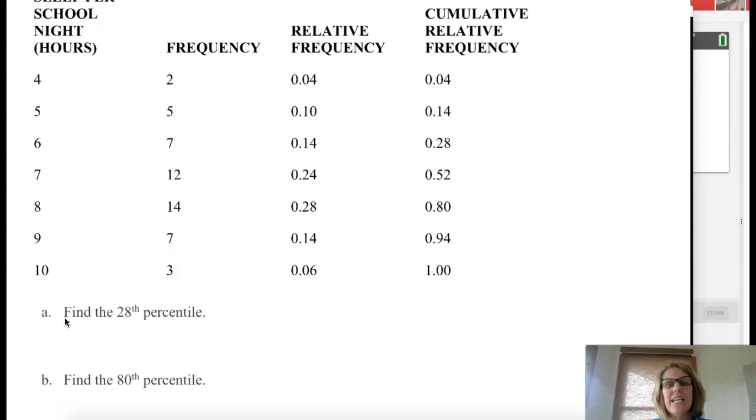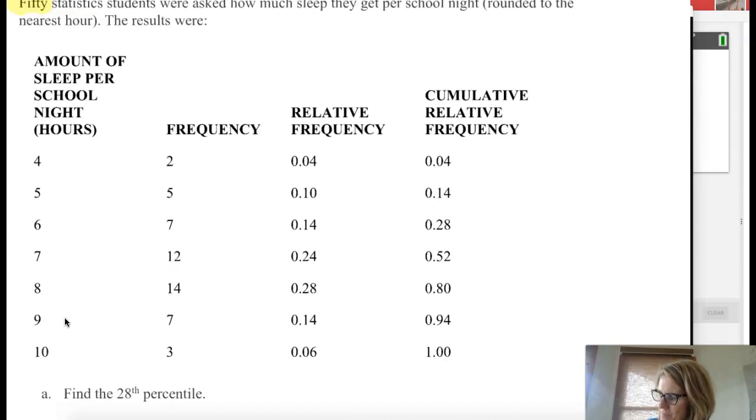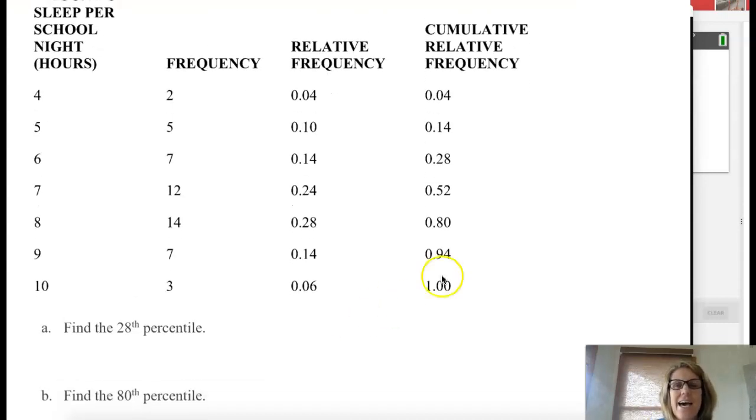When we're looking at a table like this that has our cumulative relative frequency, we can use that to get our percentiles. So find the 28th percentile. We can see here in this third row, the cumulative relative frequency is 28%, which means 28% of the students got 6 hours or less.